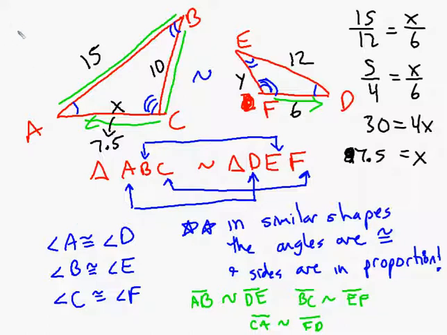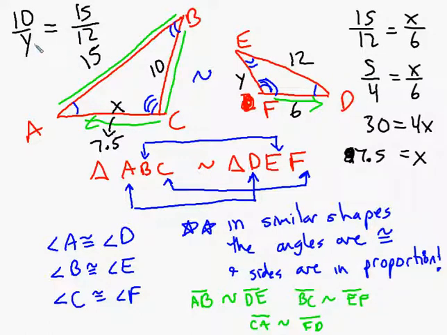All right. Someone write a proportion to find y. 10 over y equals what? So you did 10 is to y as 16. Yep. So you flipped it around a little bit there. That's fine though.